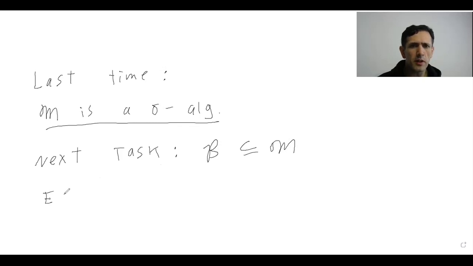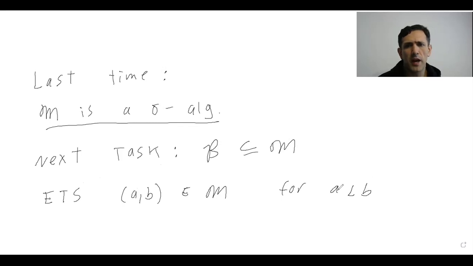Okay, so to do this, it's enough to show that each open interval A to B is in script M for A less than B. And the reason is basically the logic we've been employing many times in the videos and in the homework.